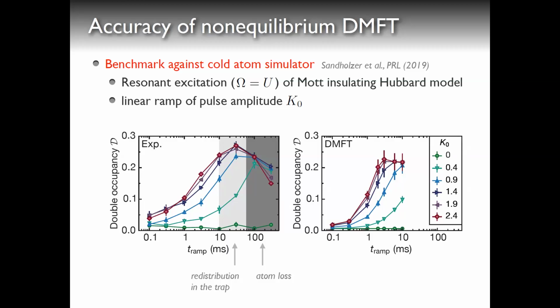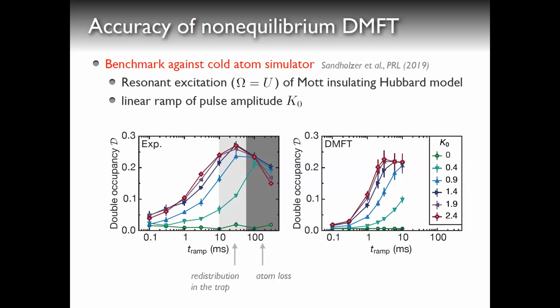And I should say these error bars are not error bars of the DMFT calculations, but these are error bars of the experiment. So in the experiment, they have to estimate somehow the initial entropy of their system, and that involves a certain amount of modeling and assumptions. And these error bars represent the uncertainty that comes in through this estimate of the initial entropy in the experimental system.